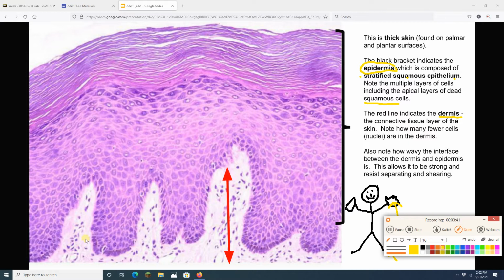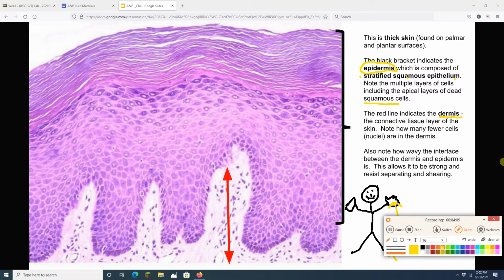This waviness enhances the connection between the two. Think about interlocking your fingers, right? With a stronger connection, it's less likely that the epidermis is going to be sheared away. By the way, the word dermis literally means skin, epidermis the top of the skin.